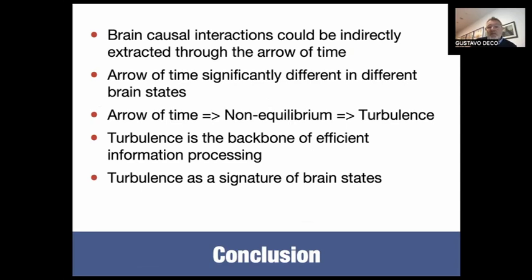And concomitantly, because this is associated with turbulence, we get a way of developing biomarkers, extra quantification of the brain dynamics, which characterize directly, from another point of view, the efficient transmission of information that describes the different brain states.